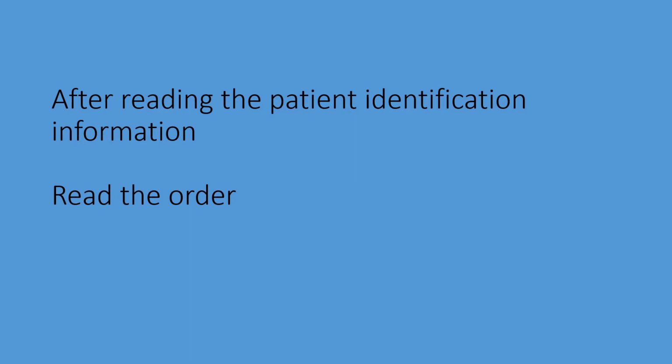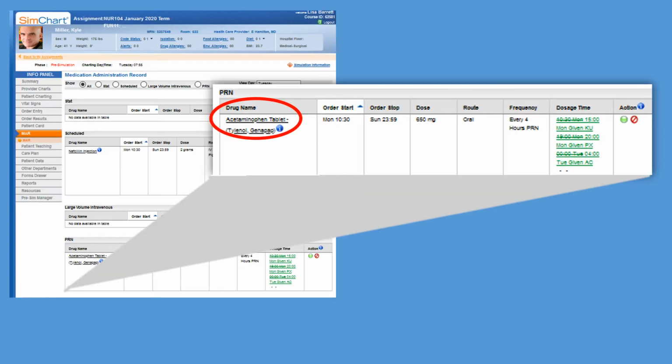After reading the patient identification information, you need to read the order for the medication. You'll start with reading again from left to right. All of the information for the check is contained on the patient's order. The drug is acetaminophen.